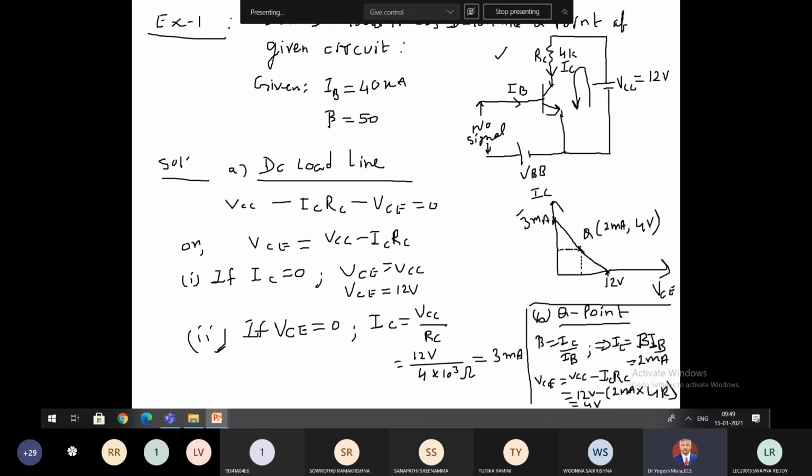If it is an N material, then hole type of minority carrier, and if it is a P type, then electron type of minority carriers will be generated. So when current IC flows through the circuit, heat will be generated. This heat will raise the temperature of the transistor, which causes more minority carriers.